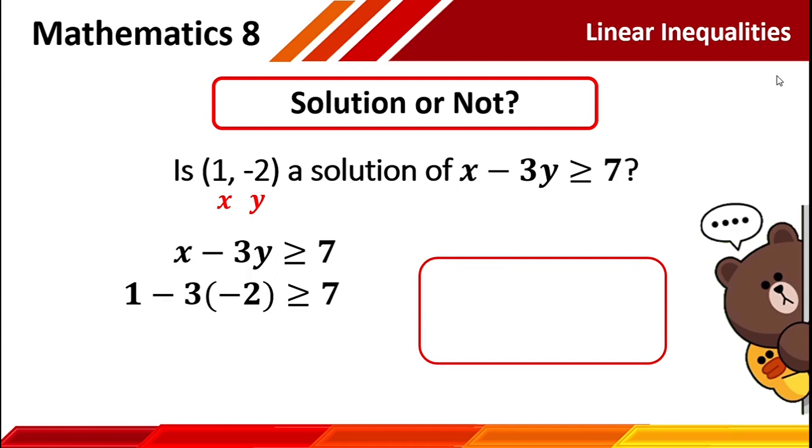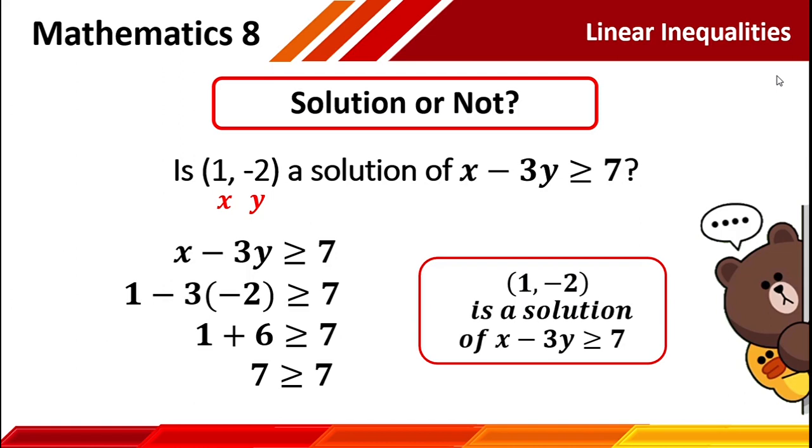We can simplify. So 1 and -3 times -2, that is 6. Therefore, 7 is greater than or equal to 7. We know that 7 is not greater than 7, but 7 is equal to 7. Therefore, it satisfies our inequality. So we can say that (1, -2) is a solution of x - 3y is greater than or equal to 7.